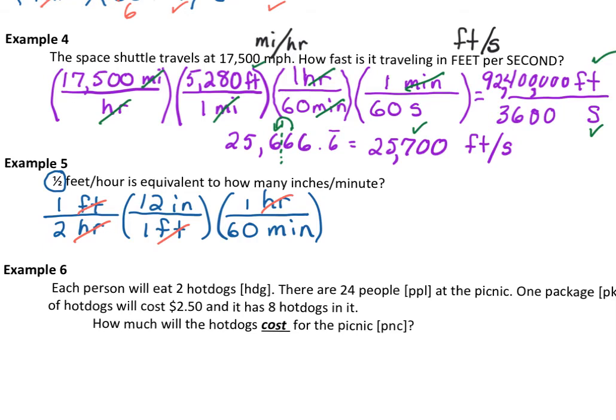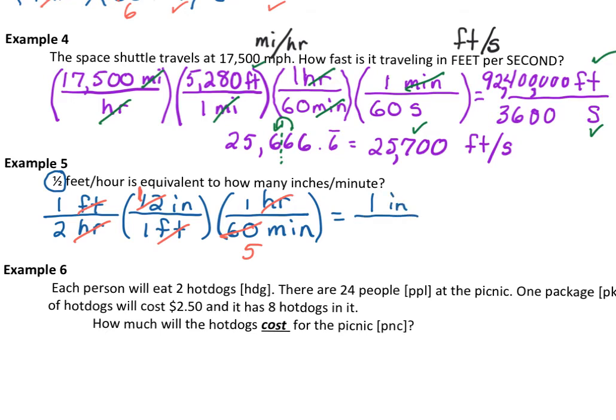Now I can do some further canceling because 12 goes into 12 one time, leaving me just 1 in the numerator, and 12 goes into 60 5 times. Anything else I can cancel? No. So I have 1 in the numerator, because 1 times 1 times 1 is 1, and I have inches left.